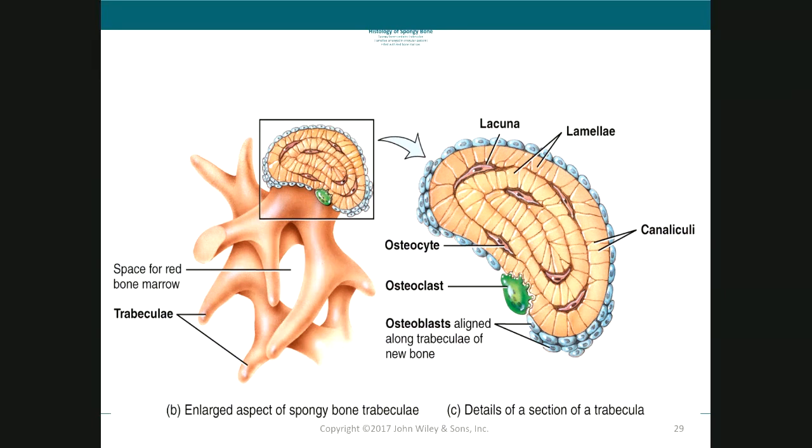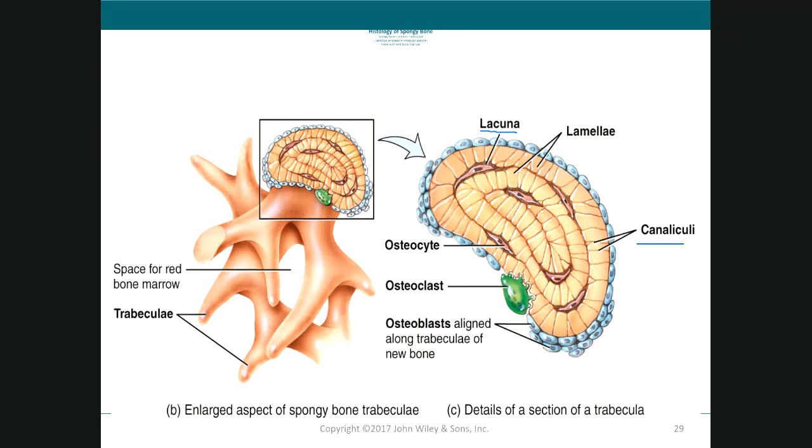These are plates. The laminae are arranged in an irregular pattern of thin columns, and they're called trabeculae. The spongy bone also has the lacunae with the osteocytes and the canaliculi.